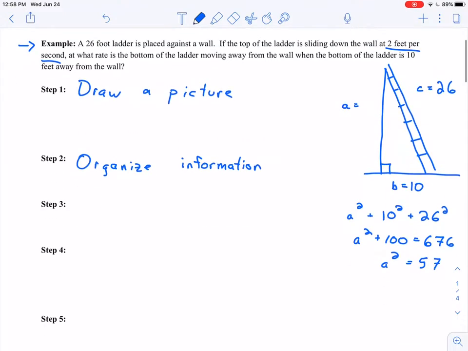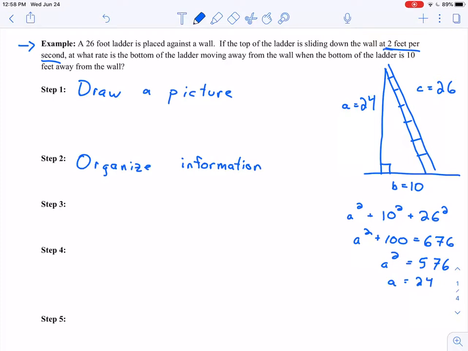Oops, 576. And let me just double check my mental math, but I believe we end up with 24 here. I take the square root of 576, yep, I end up with A is equal to 24. So I've got all of the sides of my right triangle, all of the sides of my drawing labeled here, which is a good start. I think that's a good start in organizing your information.